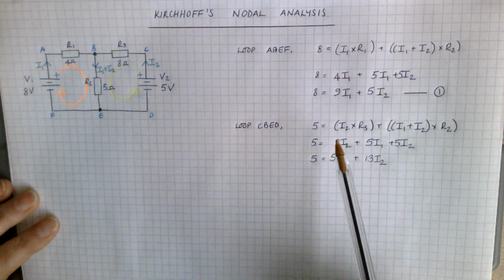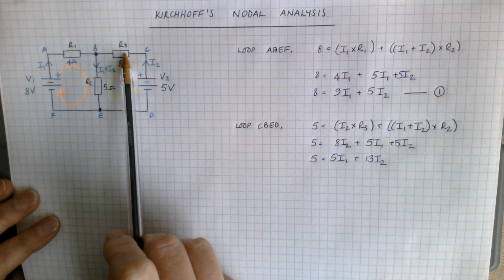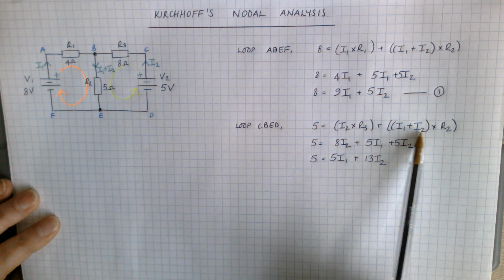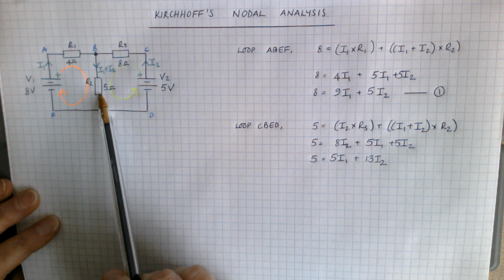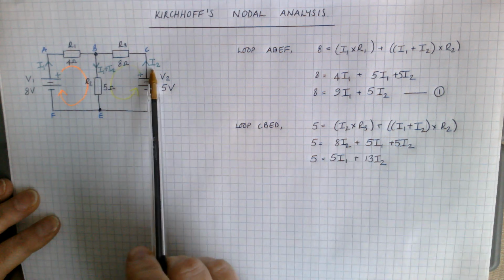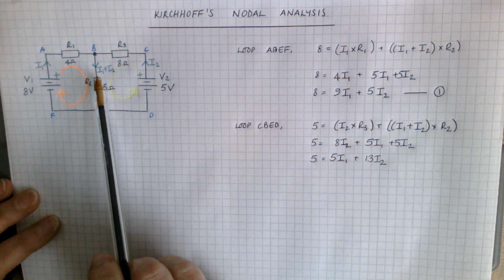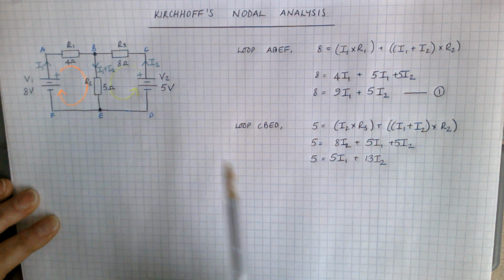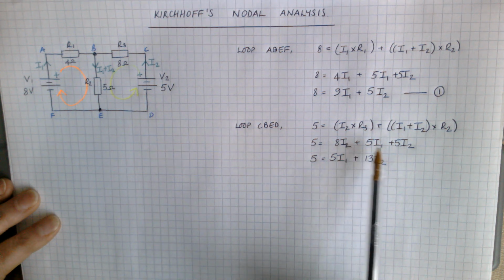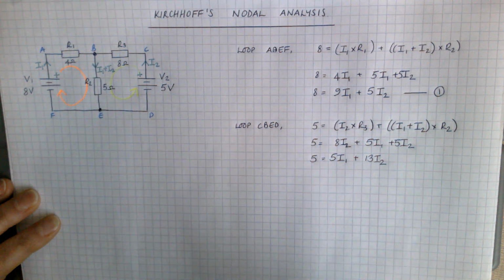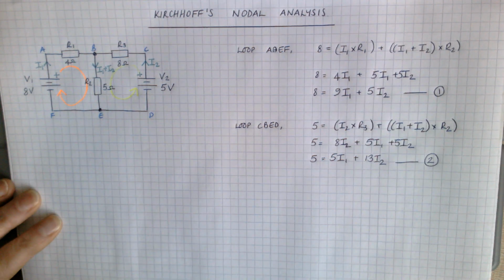So multiplying this through again, I2 times R3, that's this current flowing through this resistor. Then I1 plus I2 times R2, which is this current flowing through this resistor. So I've got 8 I2s here, and then 5 I1s plus 5 I2s here. Collecting like terms, I've only got 5 I1s and I've got 8 plus 5 I2s. And that gives me my second simultaneous equation.